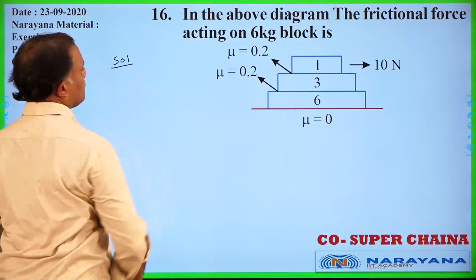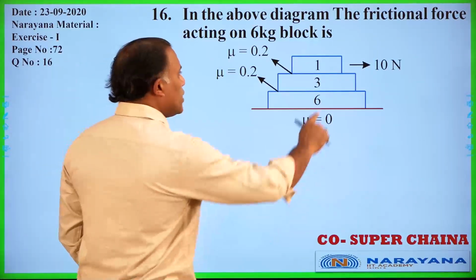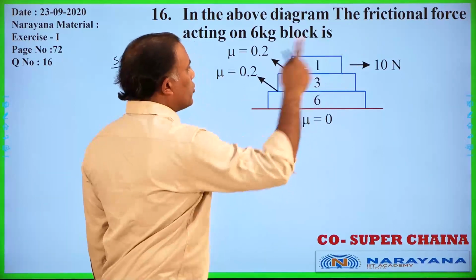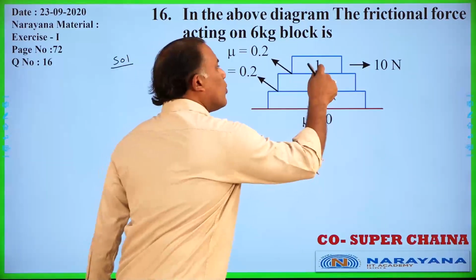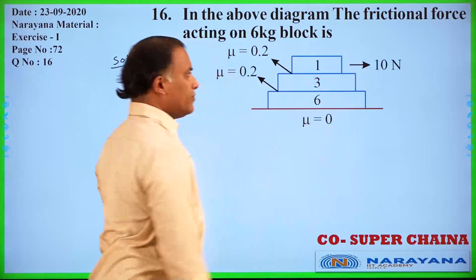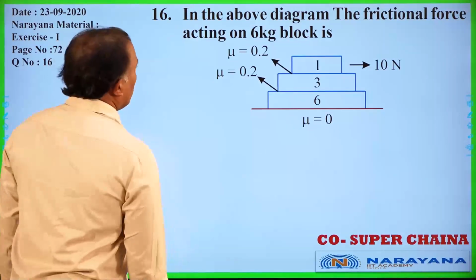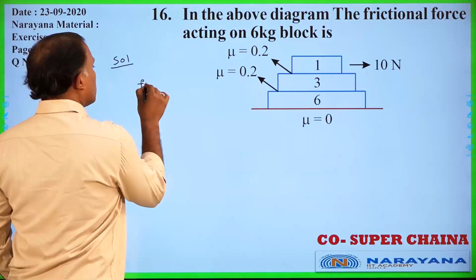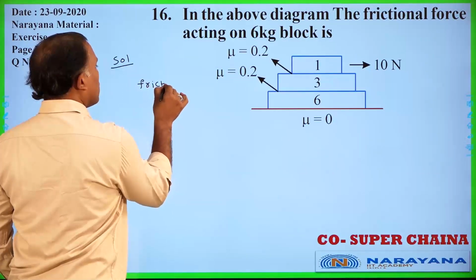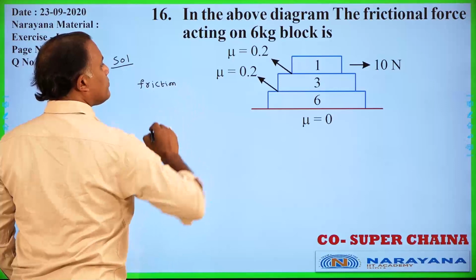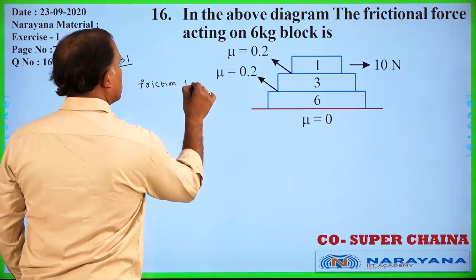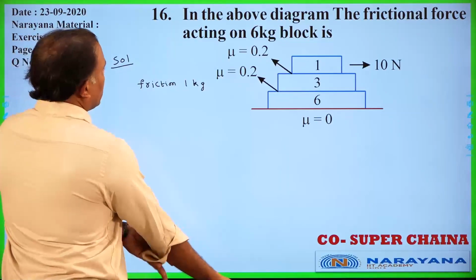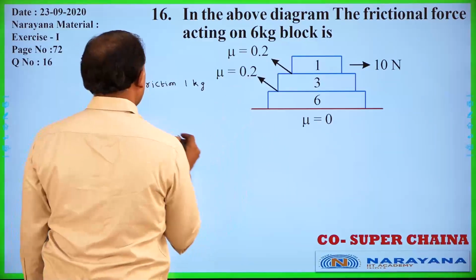If you see here, first I am applying the force 10 Newton this side. When I apply the force 10 Newton that side, first this block will respond to move that side. So now, friction on 1 kg, let me take this as F1.